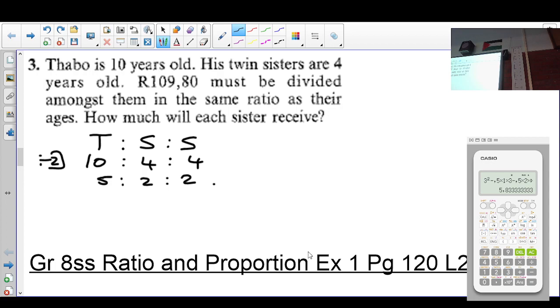So you all agree that 10 is to 4 is to 4 is the same as 5 is to 2 is to 2. You all agree with that? So what do I do from here? Add it up, yes, and then you divide the total by the number of units.